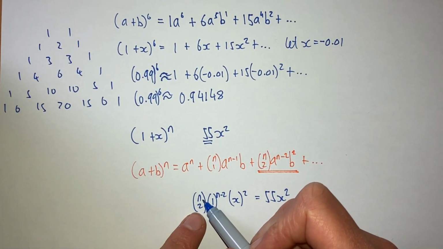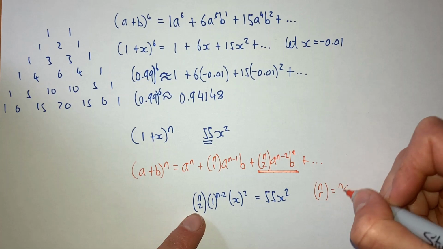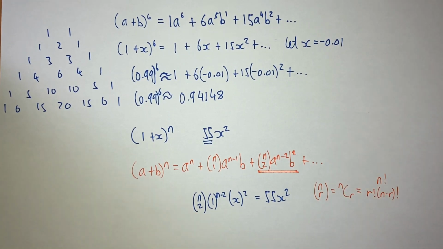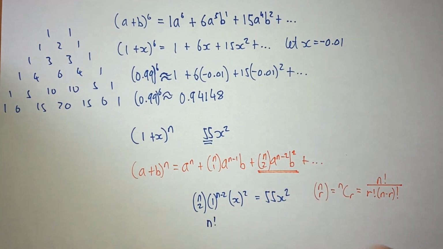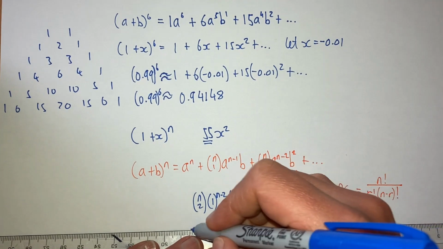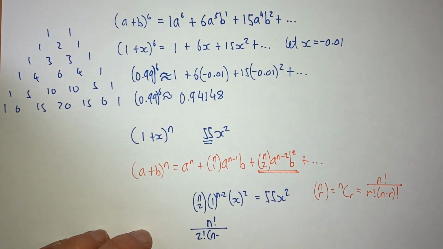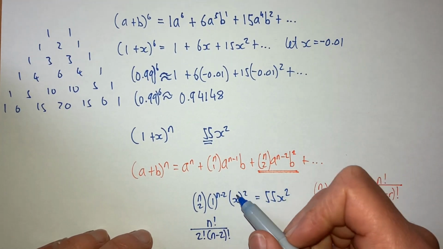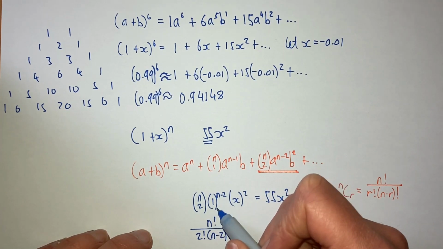Now we know that nC2 can be given using the following formula. So here we've got n factorial over 2 factorial times (n minus 2) factorial. And that's the value of the coefficient of x squared, because 1 to the power of anything is still 1.